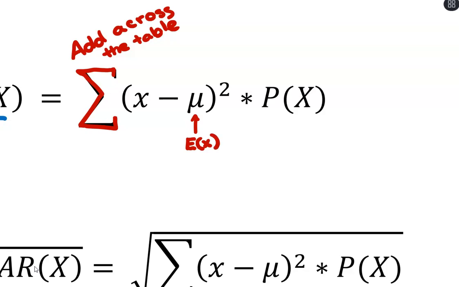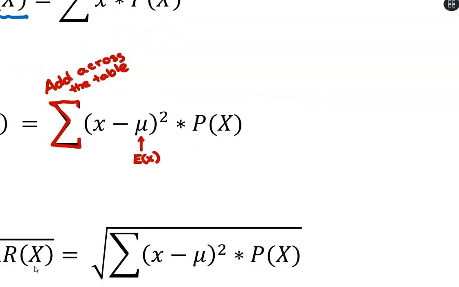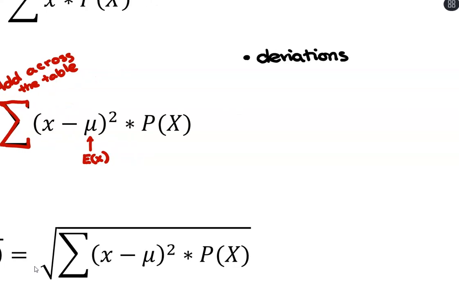So what we're going to do is take our deviations squared. As a refresher, deviations are where we take our x value and subtract away the mean. So we're looking at the distance between the value we're observing and the average. Deviation squared means take that difference of the x value and the mean and square it.